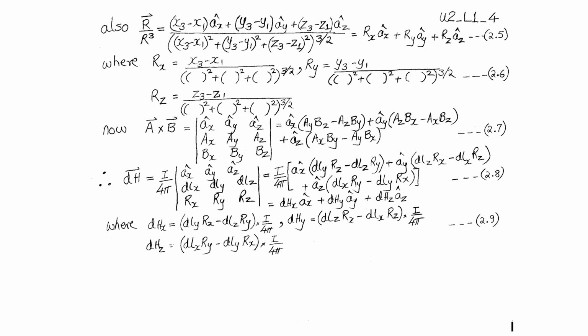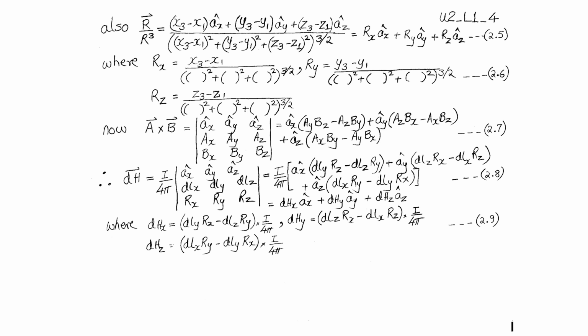So dH is I by 4 pi times the determinant, first row ax, ay, az, second row dlx, dly, dlz, and last row Rx, Ry, Rz. dlx, dly, dlz as well as Rx, Ry, Rz have been obtained earlier above.